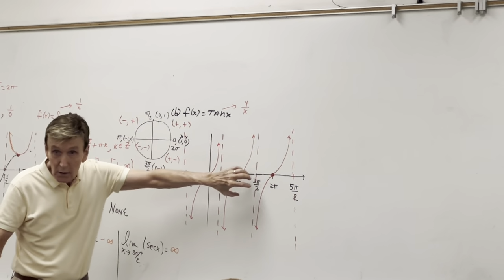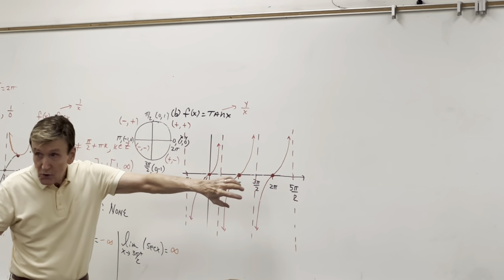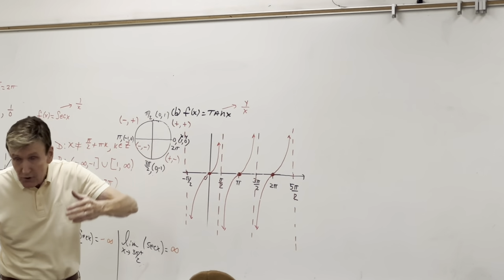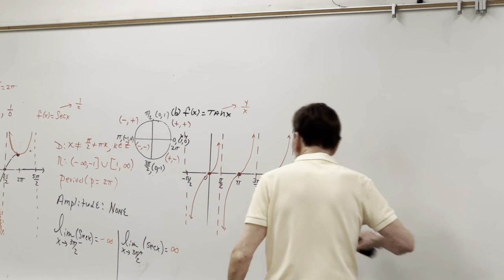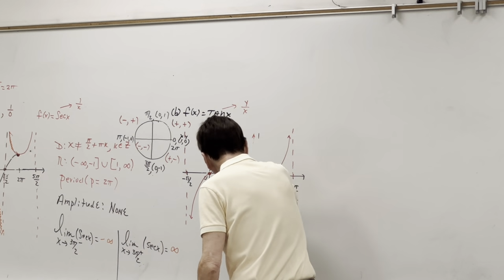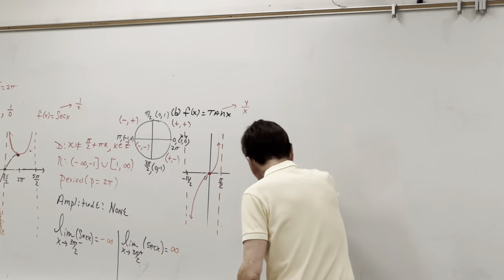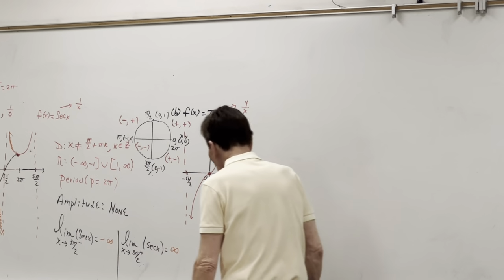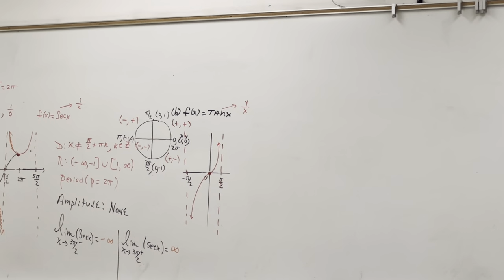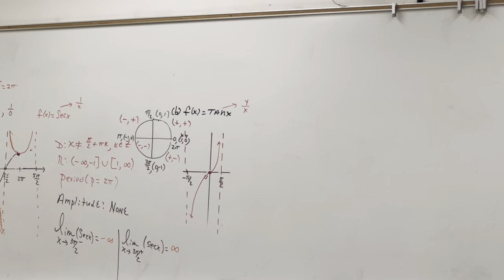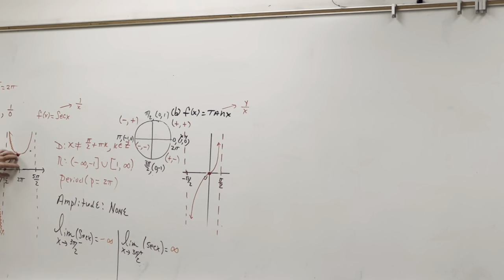The others work, don't get me wrong, but this is the one I want you to remember. And that's going to be the parent graph. We'll accept that as my parent graph. This is the parent graph for tangent.